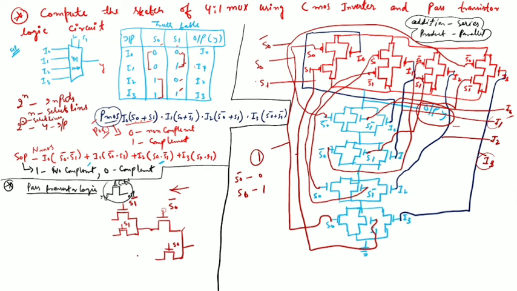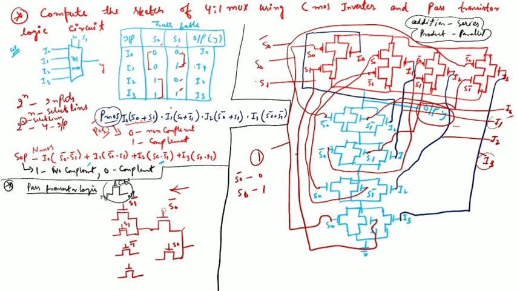And similarly for the bottom, when S0 is 1 1, then S1 has two values, 0 and 1. So we need to draw two pass transistor sketches that also represent 0 and 1. Here this represents S1 complement, and here S1. S1 complement means S1 has value 0 in case of pass transistor.